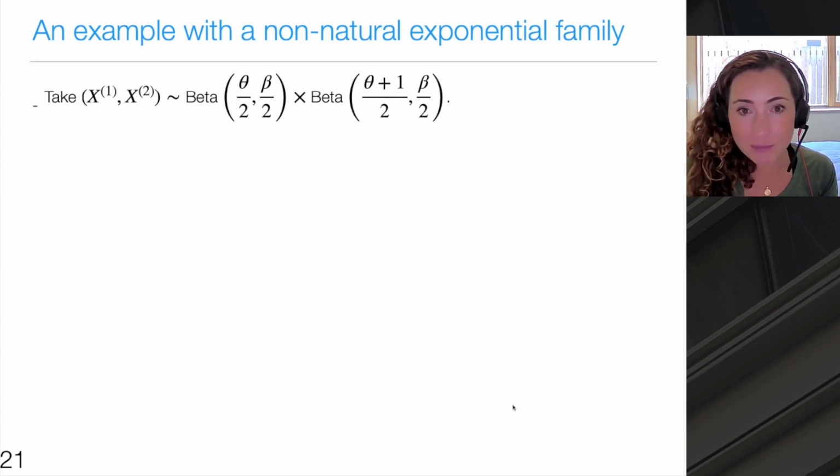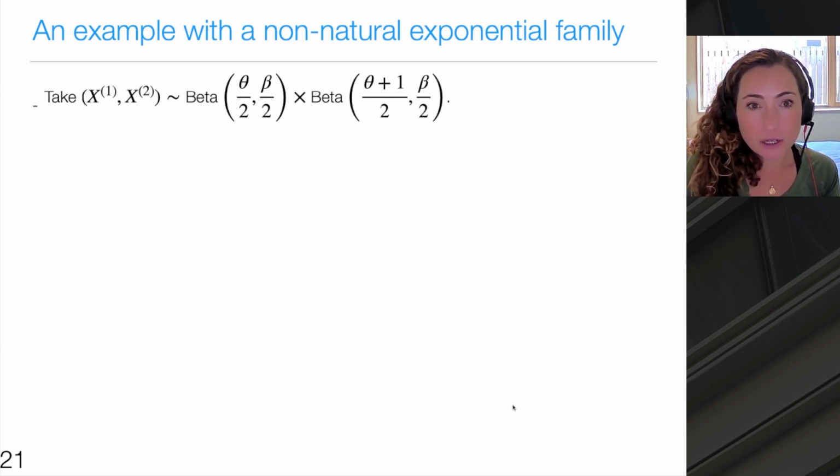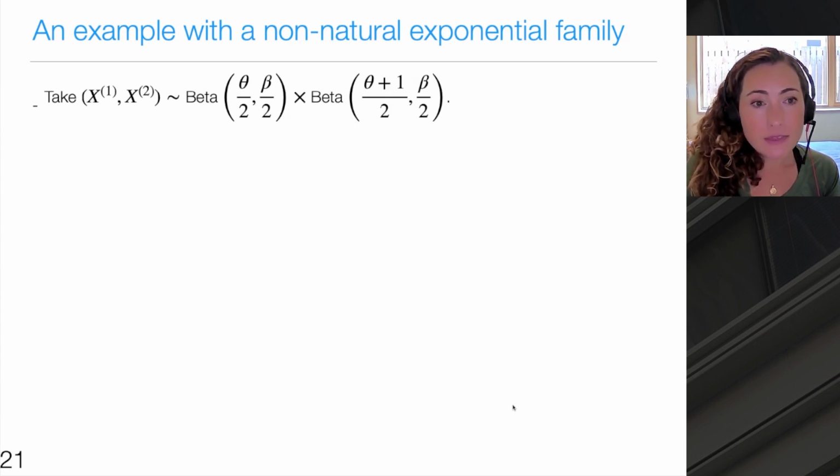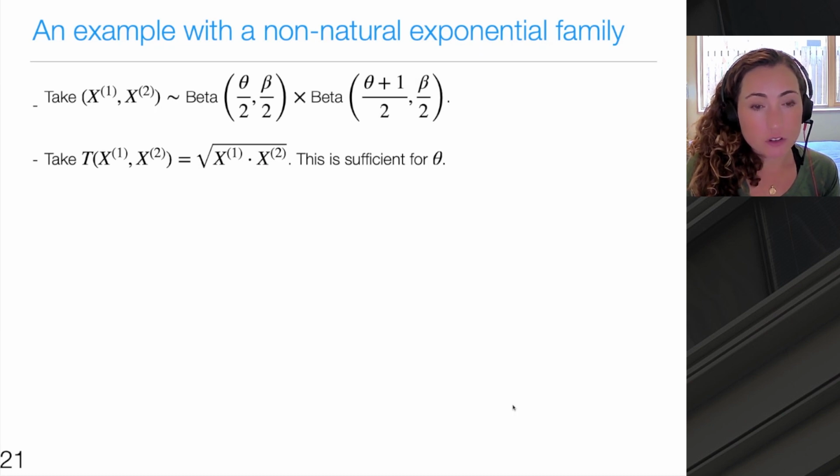So my x1 and my x2 are both going to be beta random variables with slightly different parameters. Remember, beta here is known, but theta in this talk is always an unknown parameter. And then I'm going to work out a sufficient statistic for theta. A sufficient statistic for theta is just the geometric mean, which is the square root of x1 times x2.